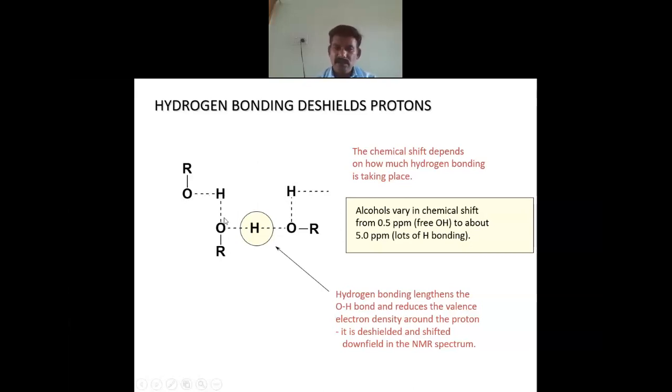This partial bond forms in all alcohols. The chemical shift depends upon how much hydrogen bonding is taking place. Alcohols vary in chemical shift from 0 to 5 because of hydrogen bonding between the alcohol molecules.